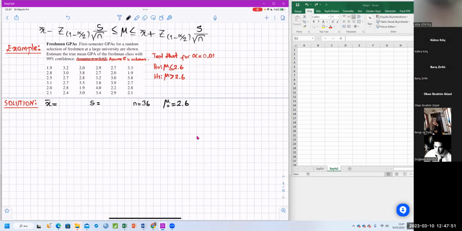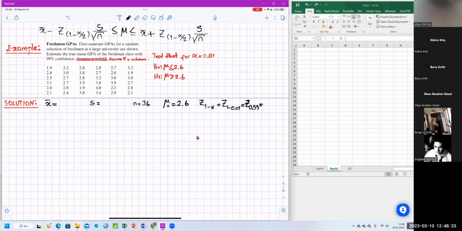And I also need to know the critical value. So this is a right-sided hypothesis, so I need to know what 0.99 is. Let me write this: 1 minus alpha, that is Z with subscript 1 minus 0.01, that is 0.99. So I need to bring this value from the table, and that's it.